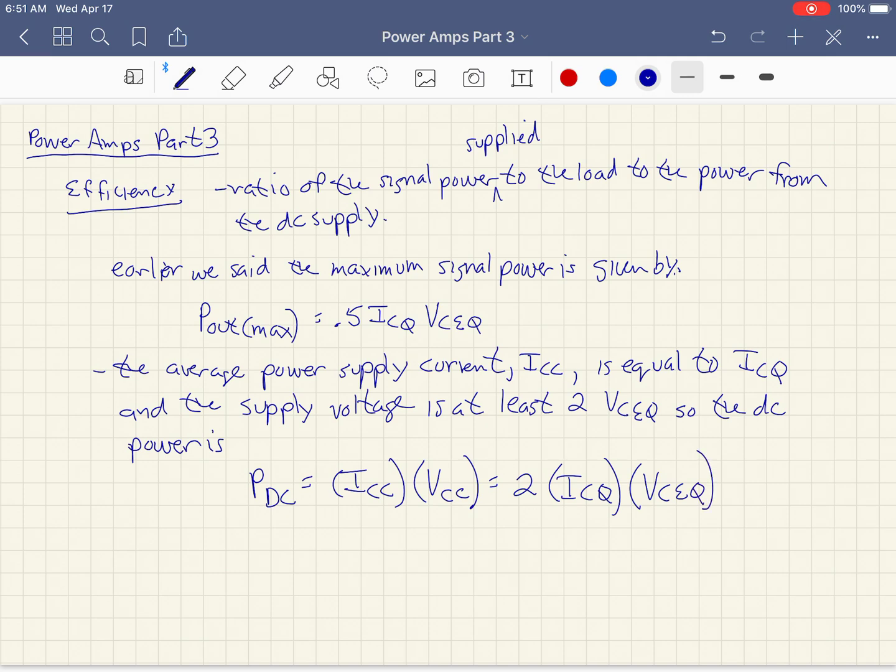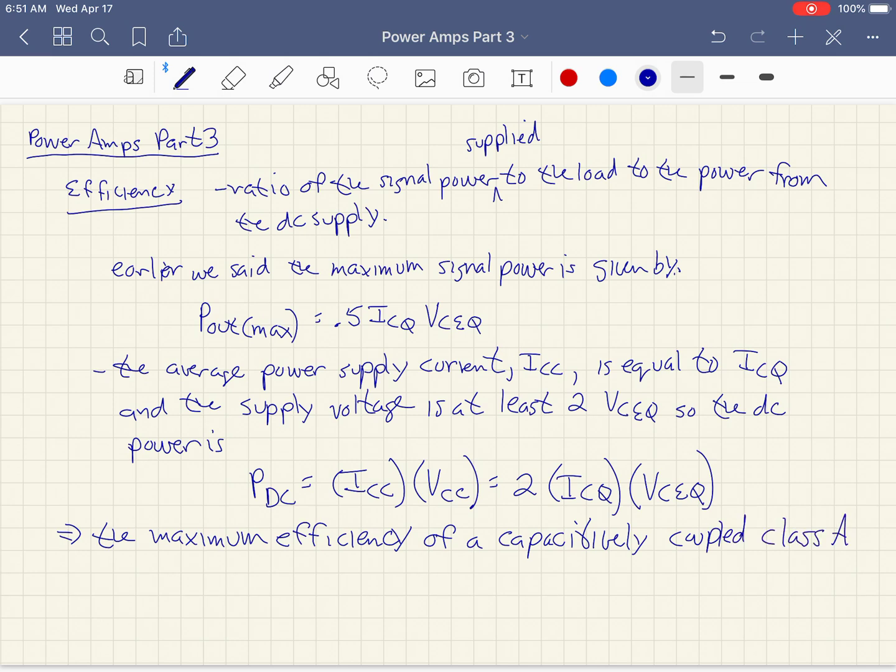And if we do a little math, the maximum efficiency of a capacitively coupled Class A amp is, this is really important, so we'll call it EFF max for maximum efficiency.